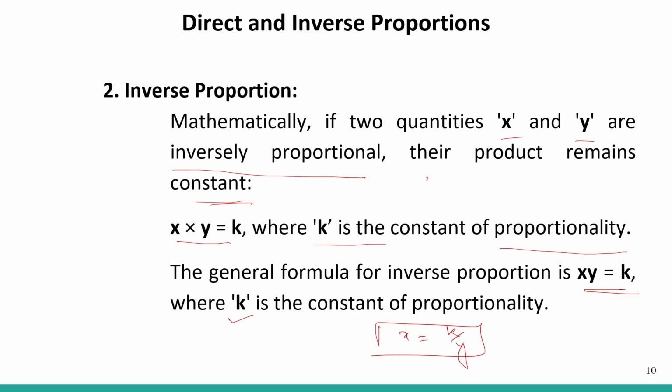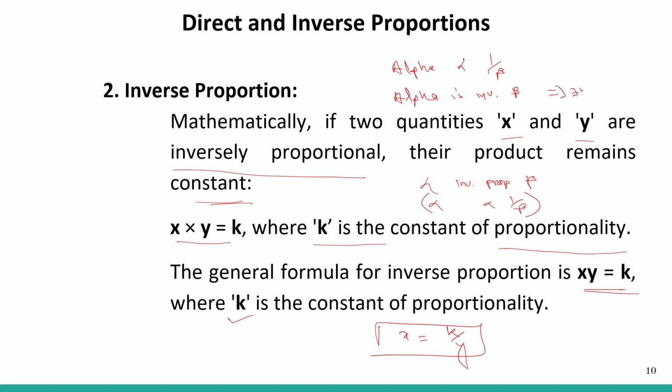Okay, so if alpha is inversely proportional to beta, we can actually write this as alpha is directly proportional to 1 by beta. We can also write this. Okay, because if let's say alpha is directly proportional to 1 by beta, or we say alpha is inversely proportional to beta, then what does this mean?